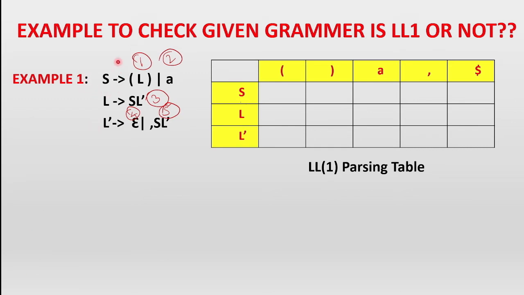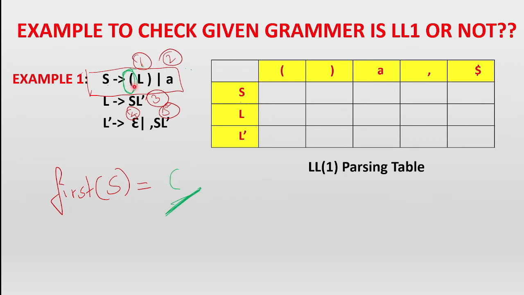So first we'll find the first of S because it is the first production in the grammar and it is the start symbol. So first of S is, check on the right hand side of that S production and check for the first terminal coming on the right hand side. That will be the first of S. So on the right hand side of production number 1, you can see this opening parenthesis. So that becomes the first of S from production number 1.